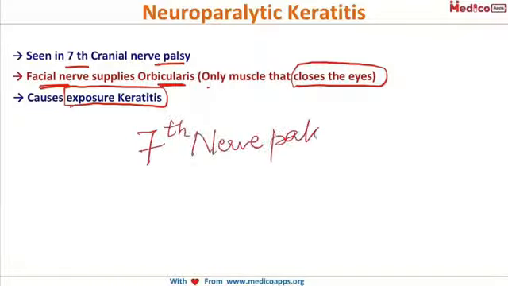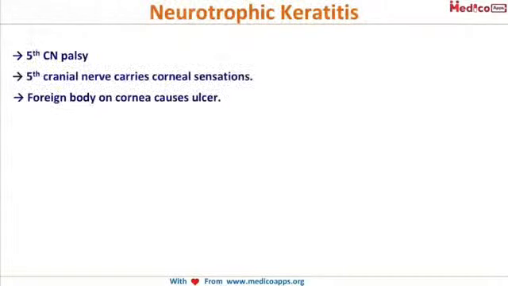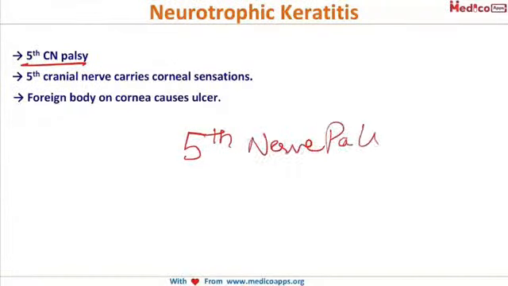Now another condition similar to this but much different is neurotrophic keratitis, and this is due to fifth cranial nerve palsy, the trigeminal nerve. Now these two can be confusing in your exam, so I would like to give you an easy way to remember.